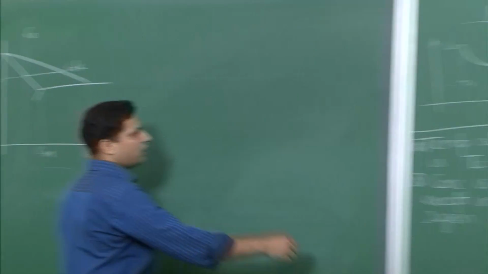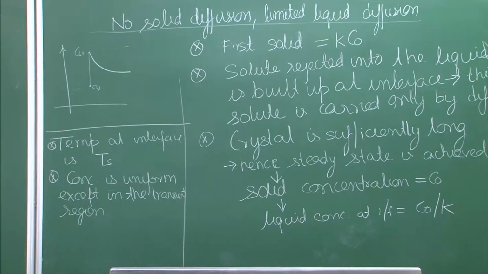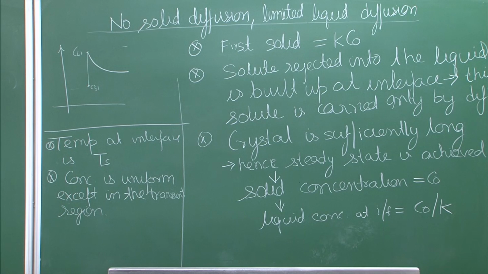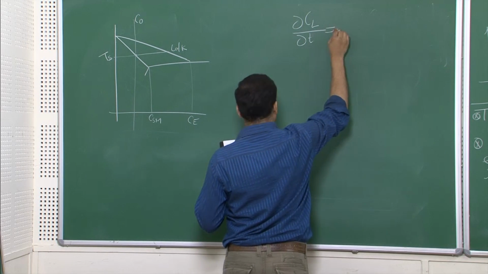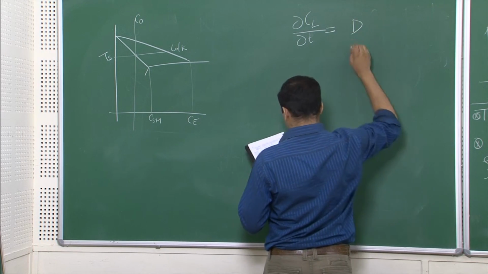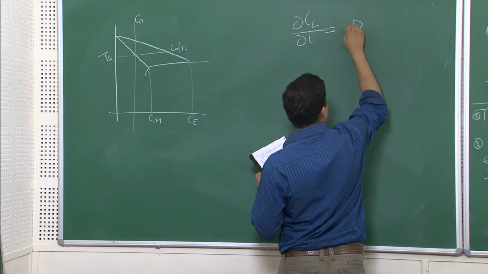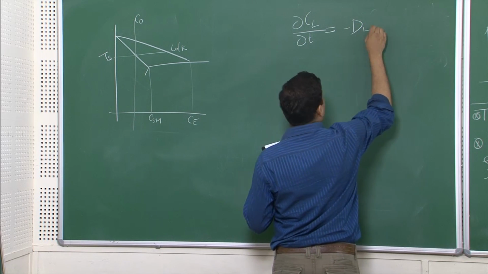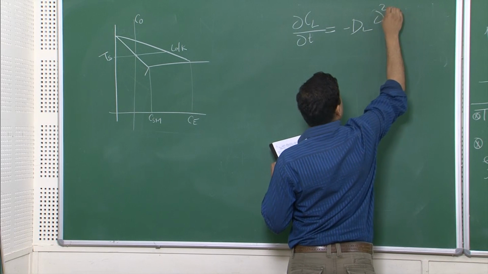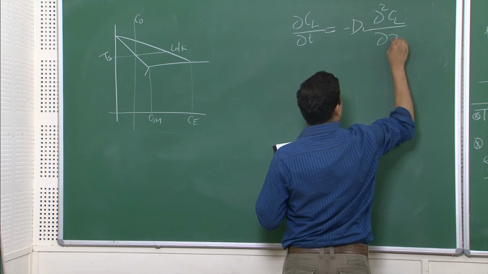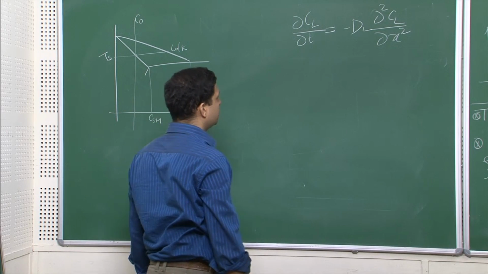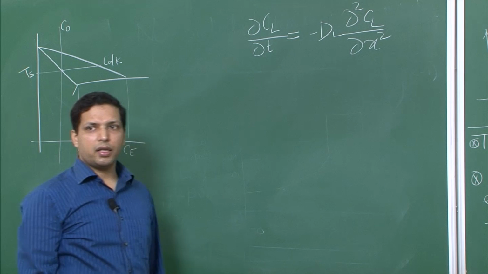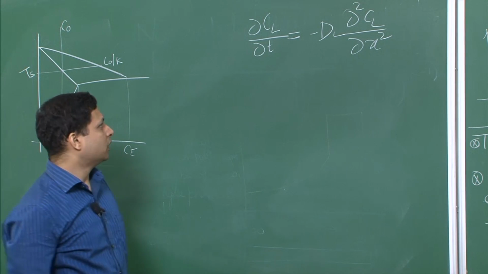So you see, you remember we said that the concentration profile would be like this, and usually the concentration profile as a function of time is given like this. However, in our case the interface is also moving.